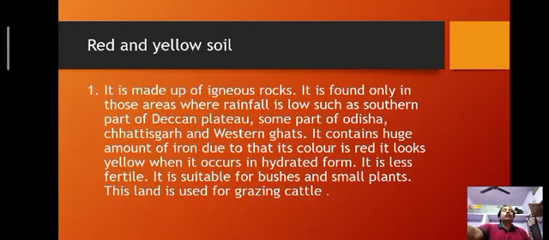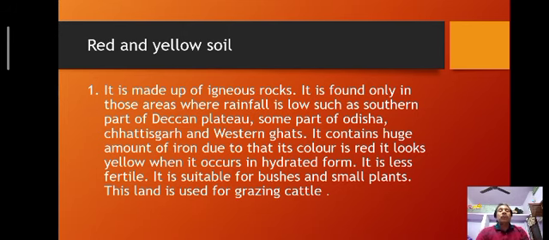Next, come to the red and yellow soil. It is made up of igneous rocks. It is found in those areas where rainfall is low, such as the southern part of the Deccan Plateau, some parts of Odisha, Chhattisgarh, and the Western Ghats.